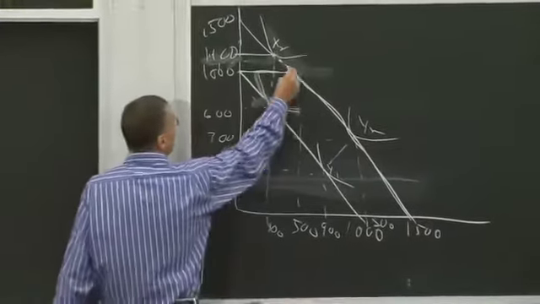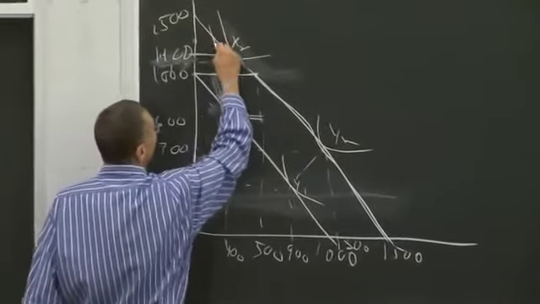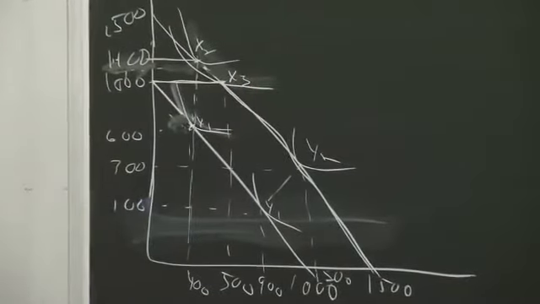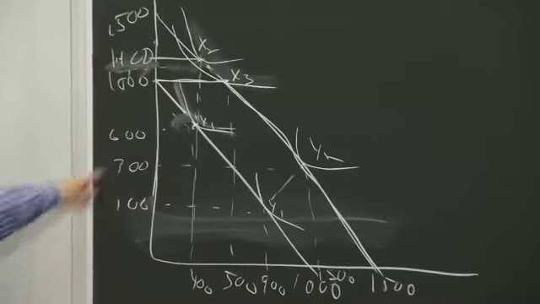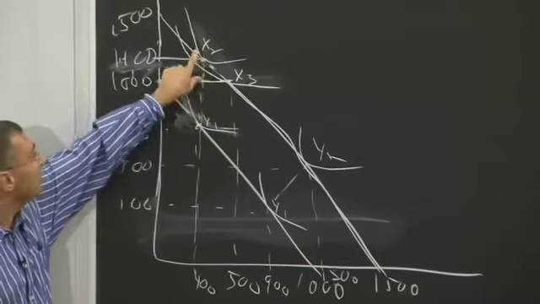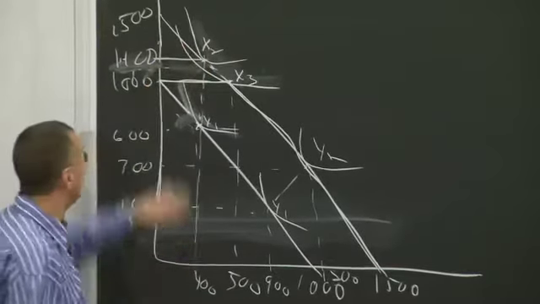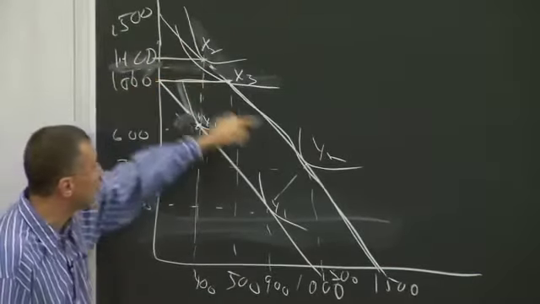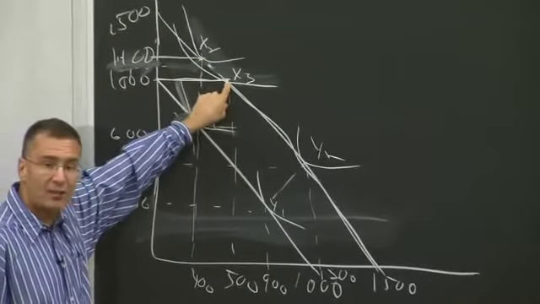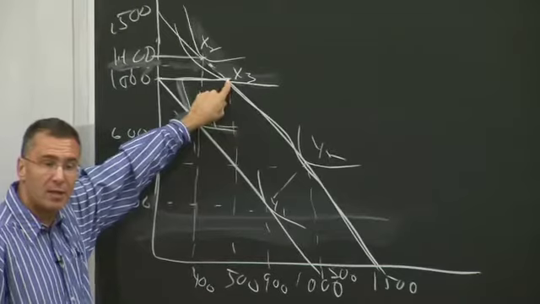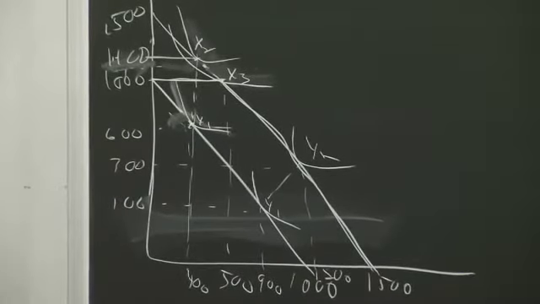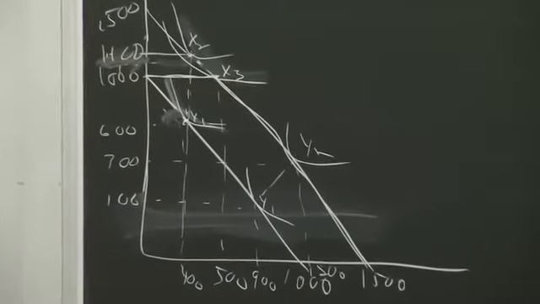They're now constrained to move to a point like X3, where they have to go to this intersection, because this point is not attainable if you give them food stamps. The new budget constraint is this. So X2 is no longer attainable. They have to move to a point like X3. Okay? So what do we know about their level of happiness at X3 versus X2?